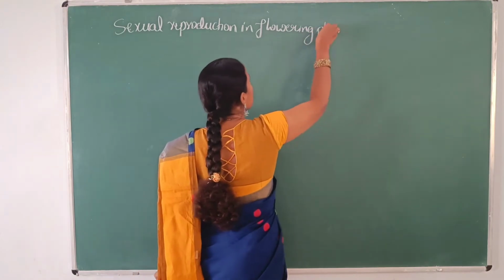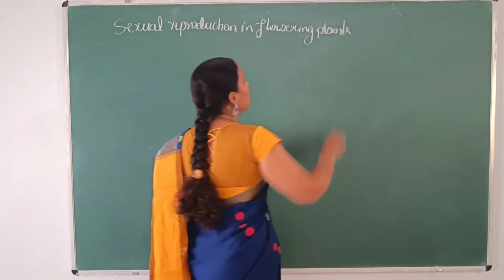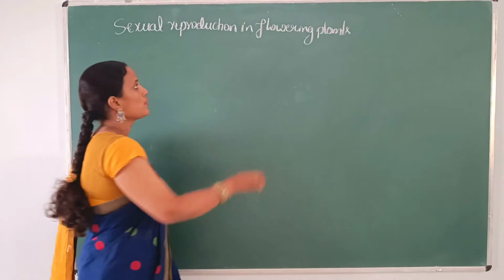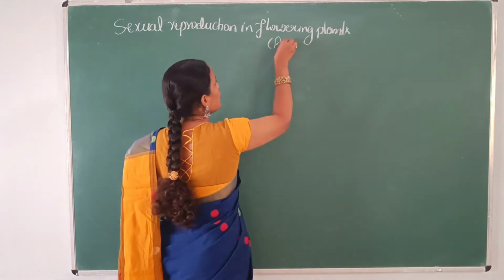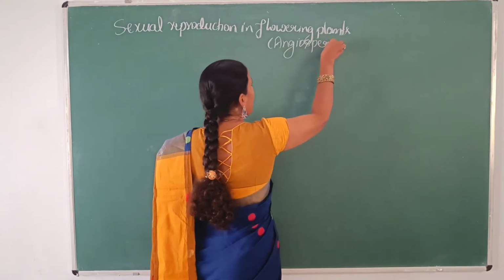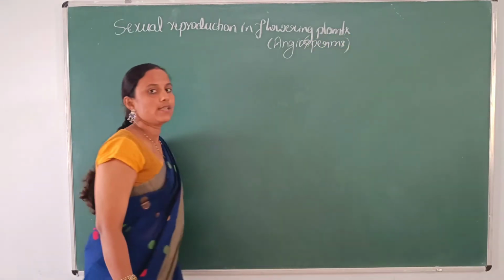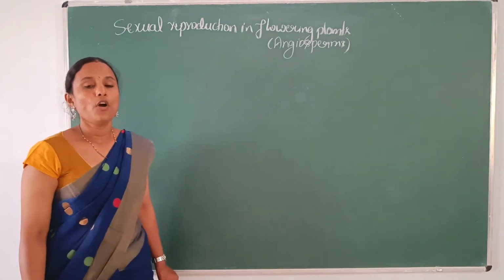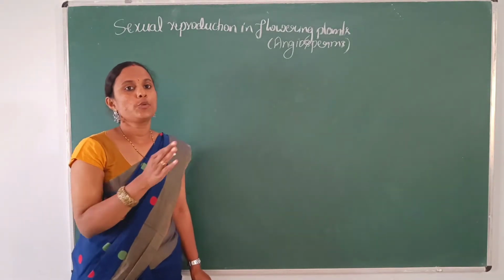Flowering plants belong to the group of plants known as Angiosperms. Angiosperms produce flowers for the purpose of sexual reproduction.